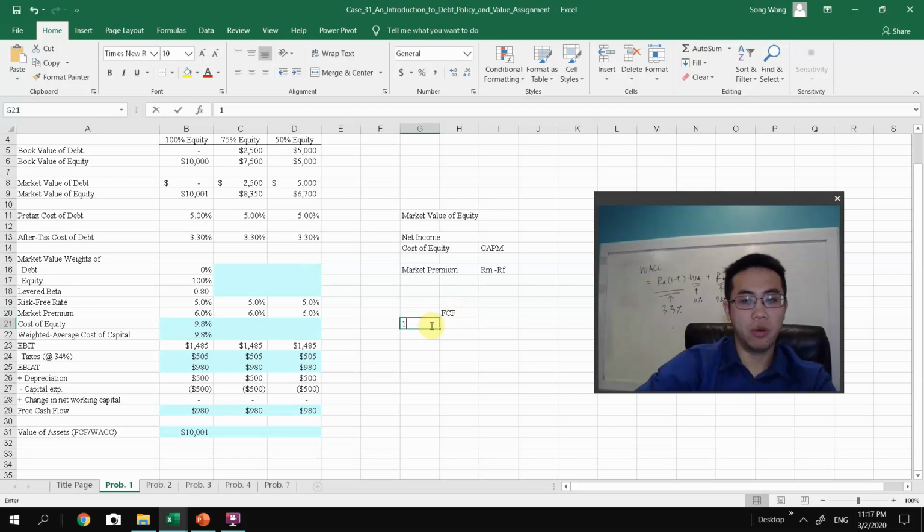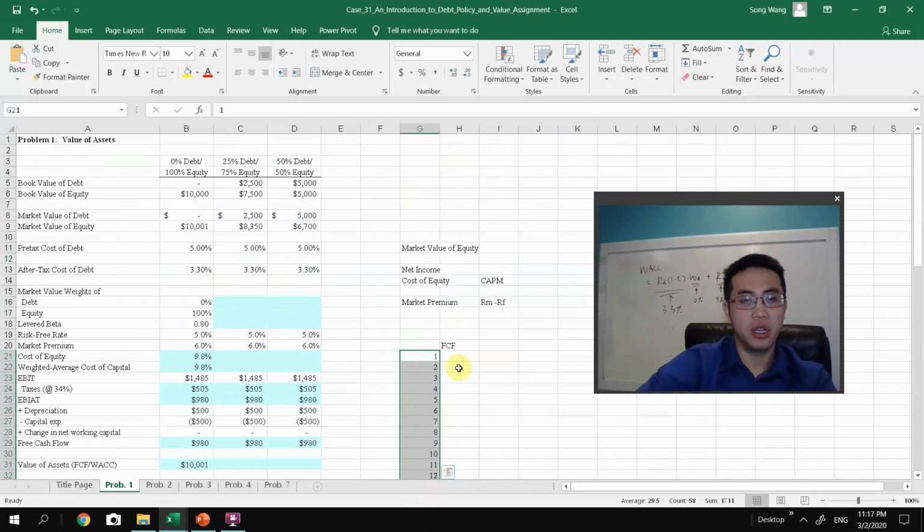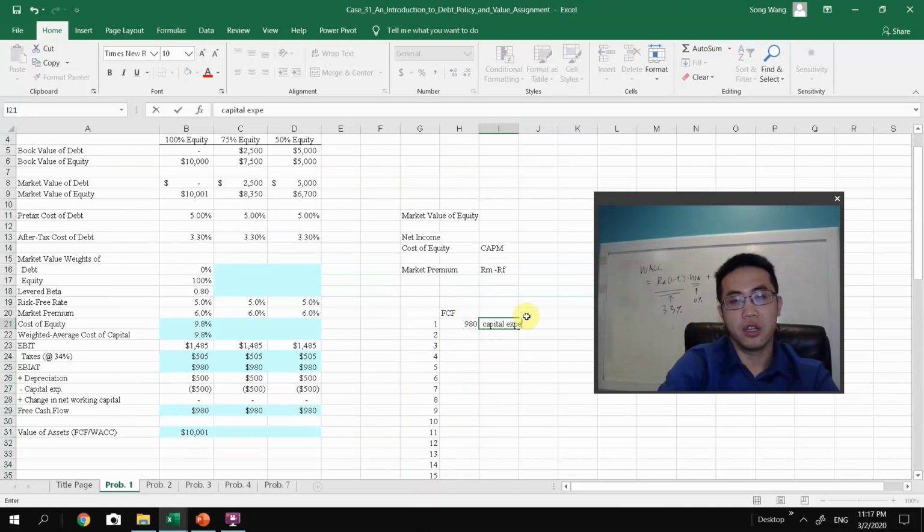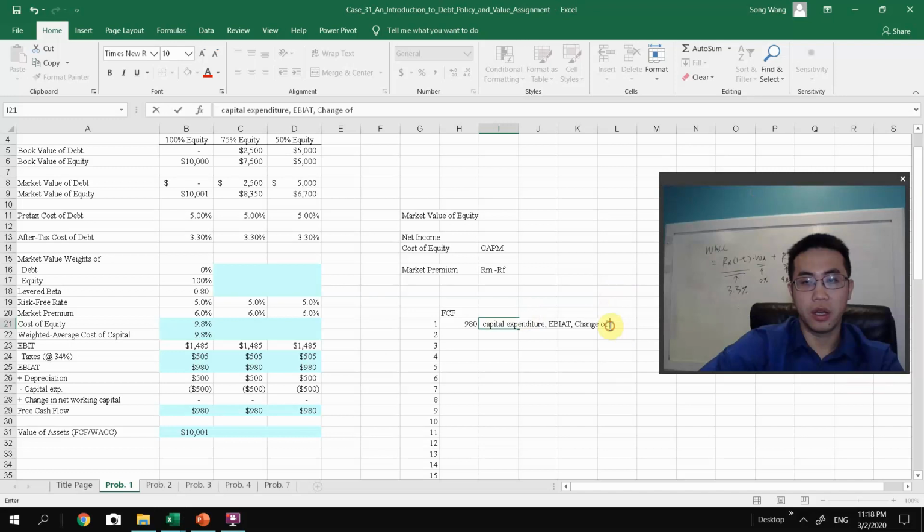So let's say you have year 1, year 2, year 3, and I'm going to simulate so many years, and each year the company is making $980 free cash flow, and this free cash flow incorporates the capital expenditure, the earnings before interest and after taxes, the change of net working capital, and also recoups the depreciation.